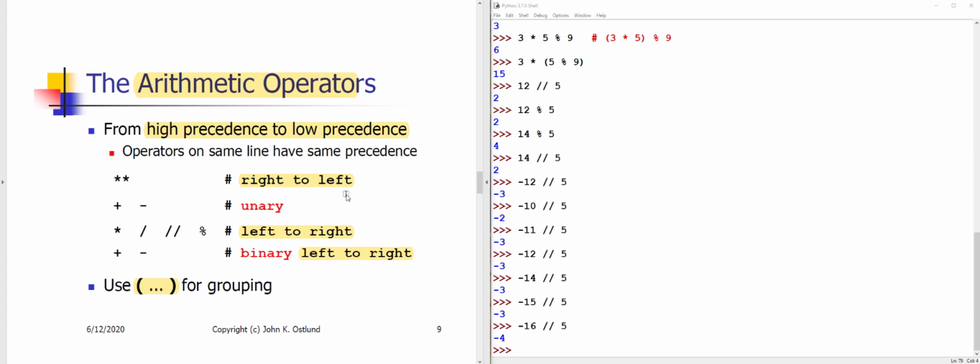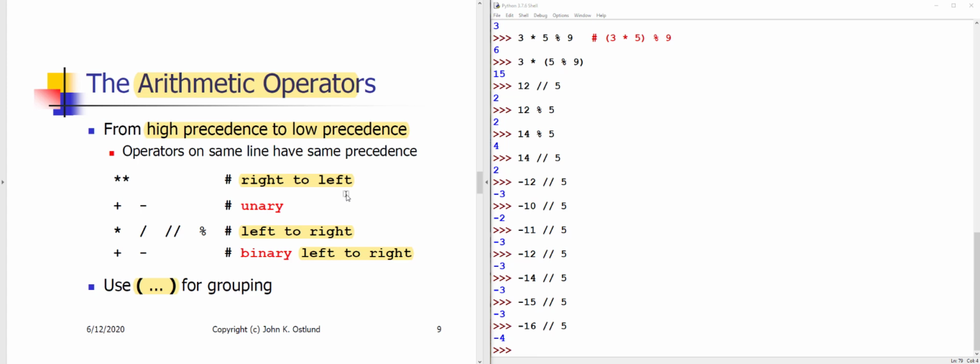Now, I want to emphasize that this table showing all of the arithmetic operators and their precedence and associativity is something that you should have baked into your soul, if you will. It's something that you should absolutely know without having to think about it a lot, and certainly without having to use Google.